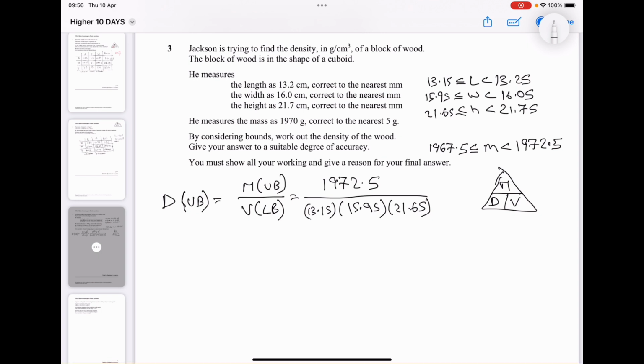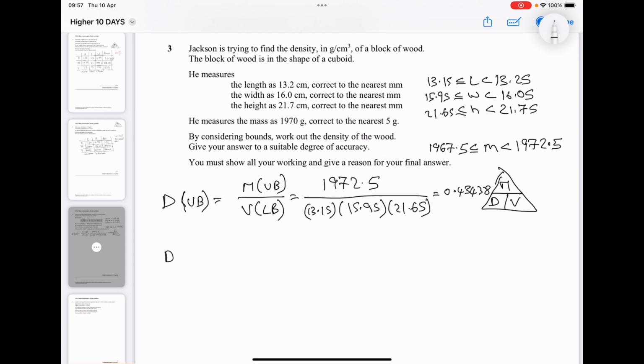Note I just use brackets, saves me using times all the time. 13.15 times 15.95 times 21.65 gives me 0.43438. So I'll do it to 5 decimal places. Usually these don't go that far.